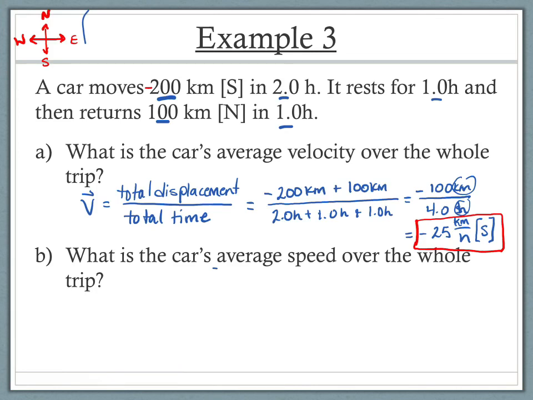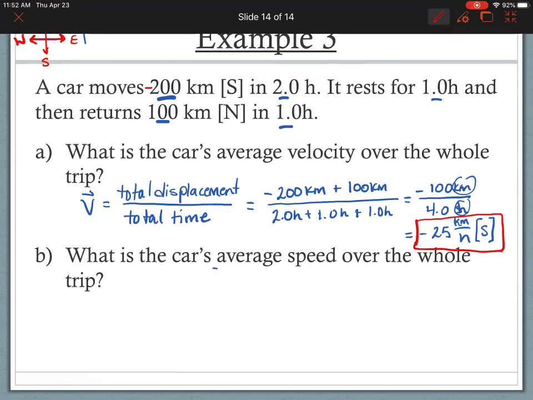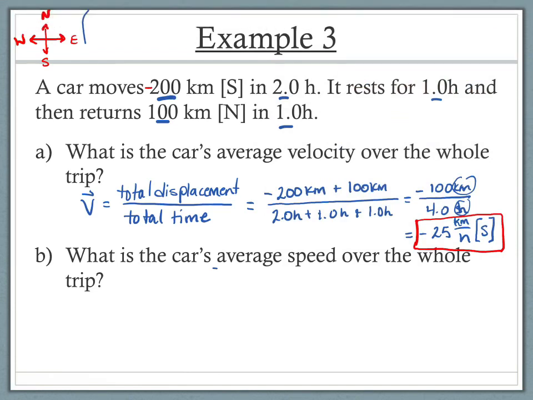And then if I want the car's average speed, then we don't have any vectors. We don't have to worry about displacement. It's just the total distance over the total amount of time. So what's its total distance?